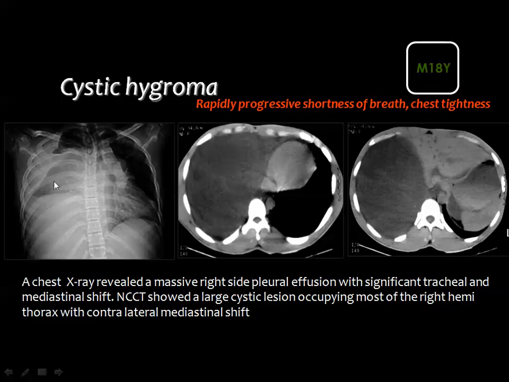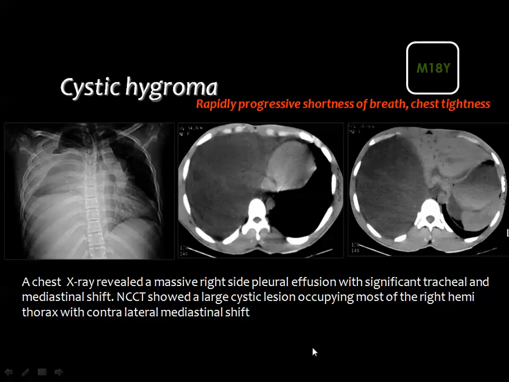And you see here in the chest X-ray pleural effusion and some opacity in the right lung. But on the CT scan, you see a cystic lesion with clear water density occupying most of the right hemithorax, displacing the heart to the opposite side.